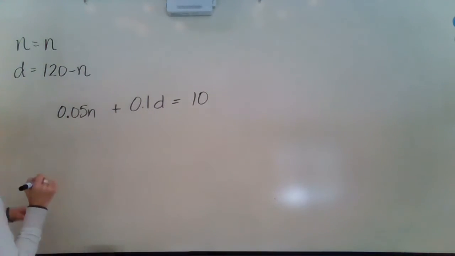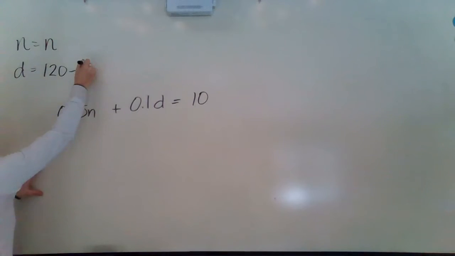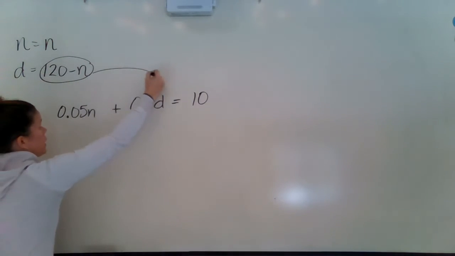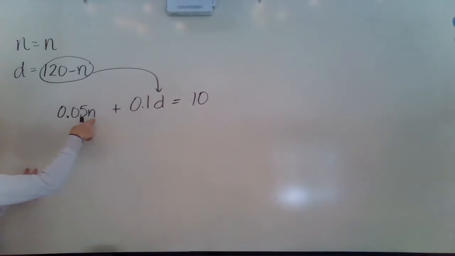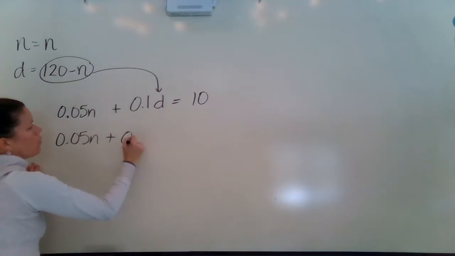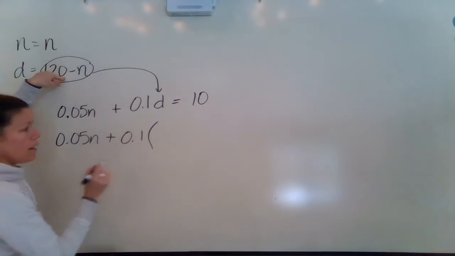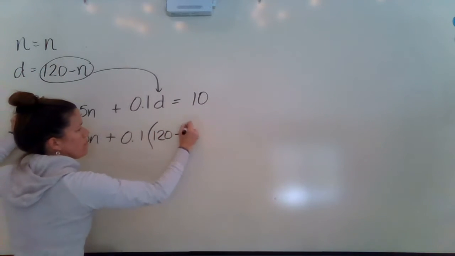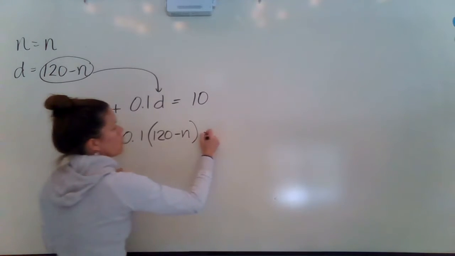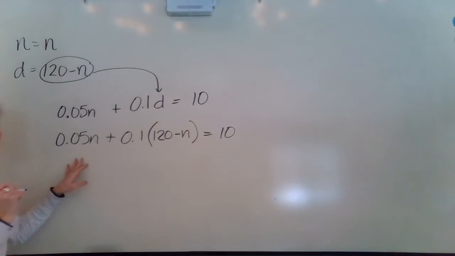So now I need to do some plugging in. Really, I only have one piece to plug in. So I'm going to keep n equals n, 0.05 n plus 0.1 times 120 minus n, equals 10. I see distribution to do.